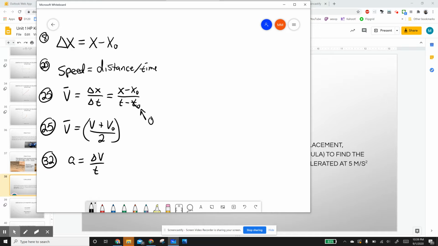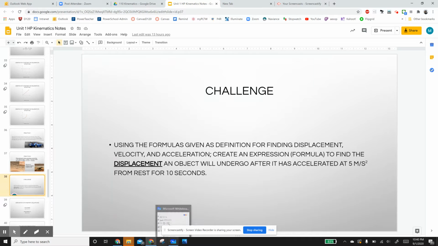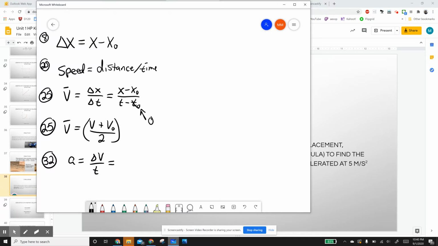So if 10 seconds went by, t is 10. Doesn't matter when it started, when it ended, just the fact that 10 seconds have elapsed. Okay, we can rewrite this, saying that v final minus v initial is divided by t is equal to our acceleration. So there are all of our equations.